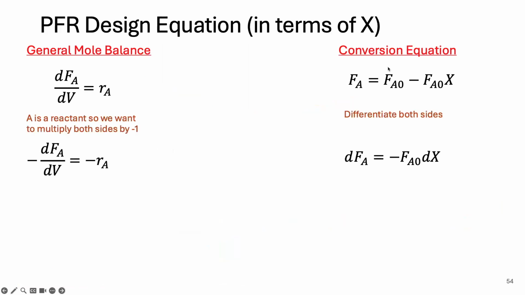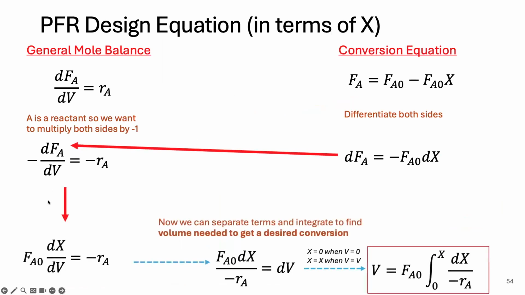For the PFR, our other type of flow reactor, we can take a similar approach. In this case, we have dF_A/dV = r_A. We have our conversion equation here, same as before. We now want to replace dF_A, so we can differentiate both sides and relate dF_A to dX.